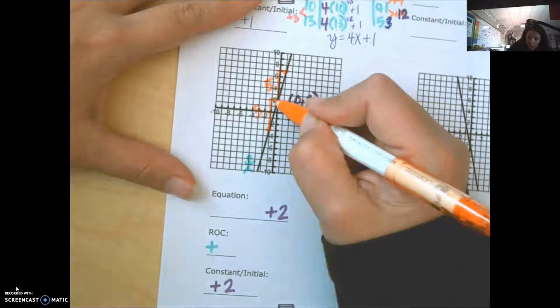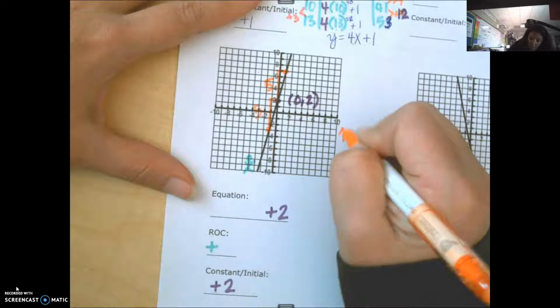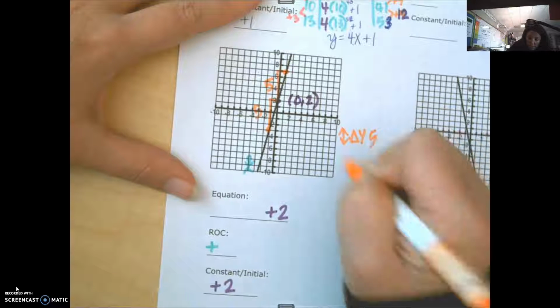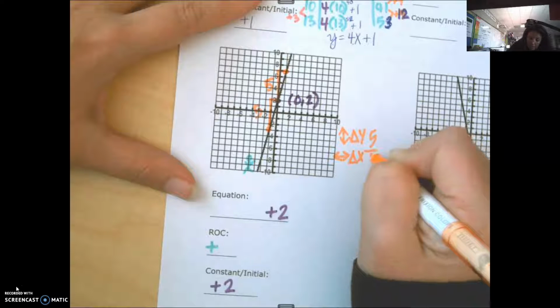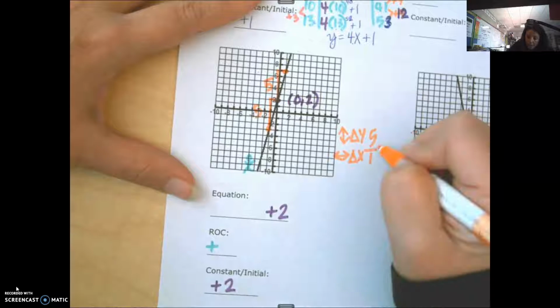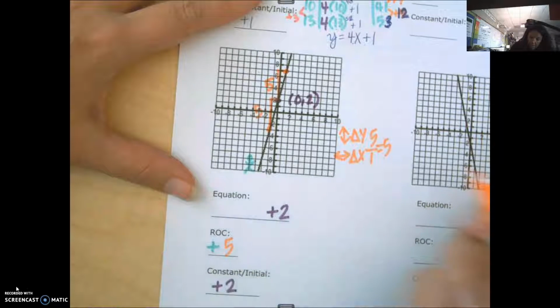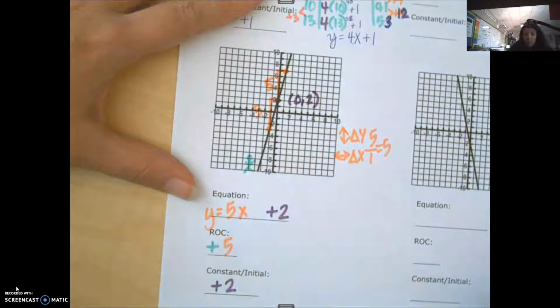So each time we went up 5, and we went over 1. So our change in y was 5, and our change in x was 1. So our rate of change is 5 over 1, which is 5, positive 5. Well, our rate of change is our coefficient. So y equals 5x plus 2.